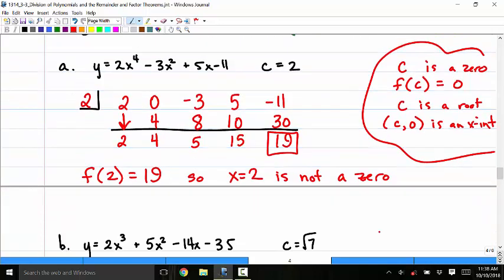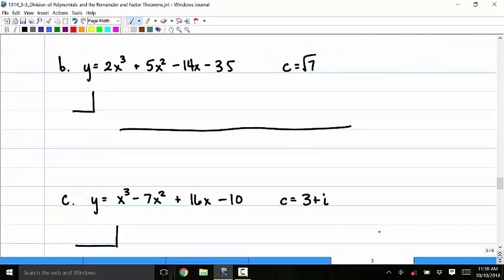Do I give you another one? Yep. Ew, and it's a radical. Is square root 7 a 0? So go put square root 7. Your coefficients are going to be 2, 5, negative 14, negative 35. Quick review on radicals. Drop it down. You get 2. 2 times root 7 is 2 root 7.